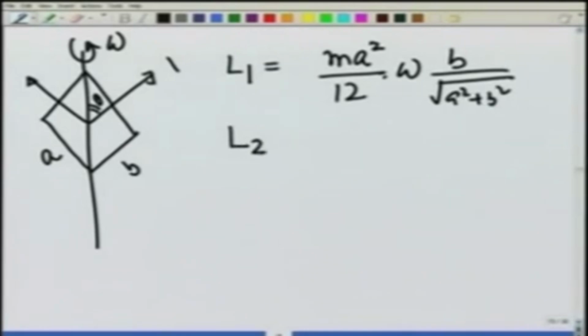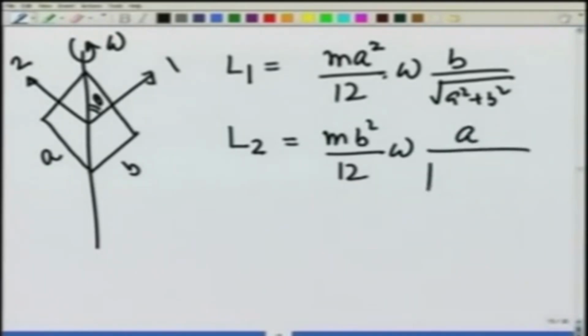Similarly, L2, this is axis 2, is going to be m b square over 12 omega sine theta, which is a over the square root of a square plus b square, and L3 is 0.